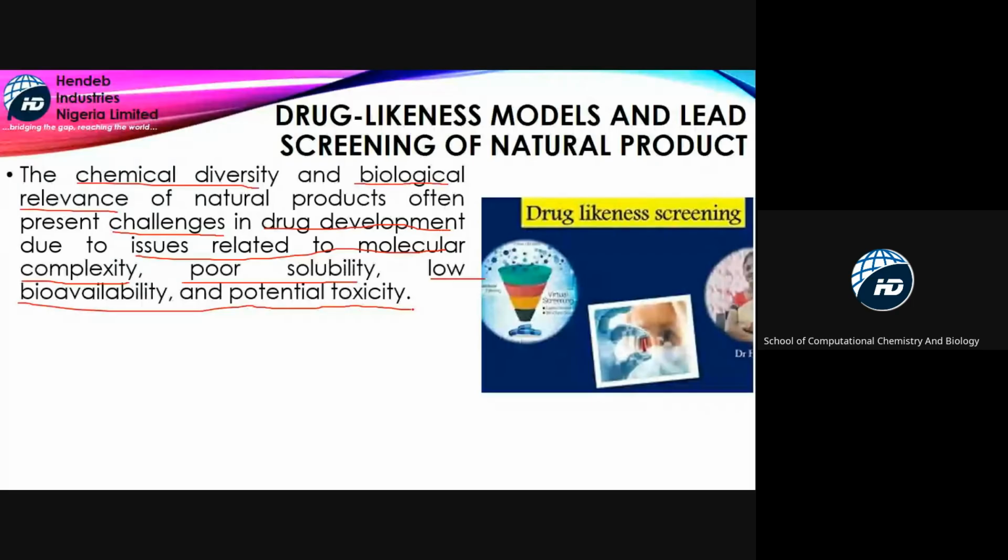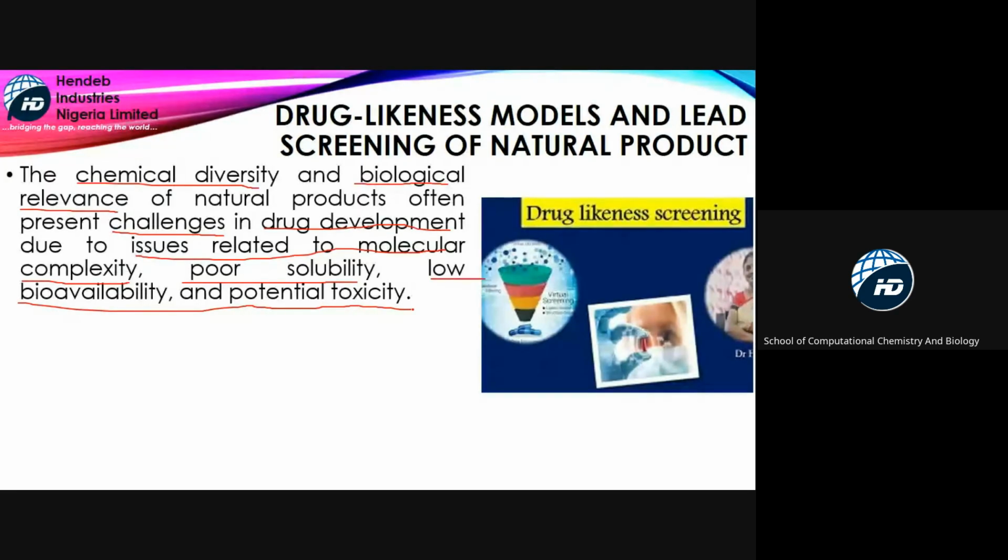To what extent are the bioactive compounds in this plant feasible for my study? To what extent are they available?